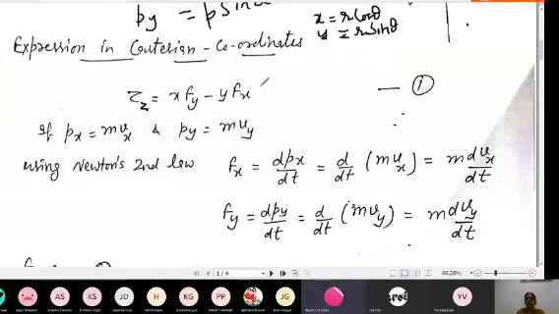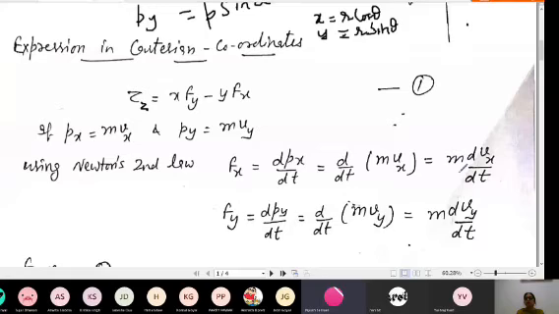And using Newton's second law, you know that force is given by the rate of change of linear momentum. So if I want to write Fx in terms of linear momentum, I will write Fx equals d by dt of Px. And Px here is m Vx, so I will be replacing the value.